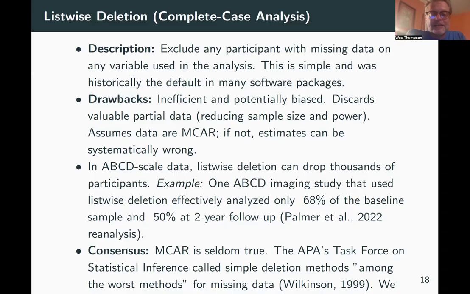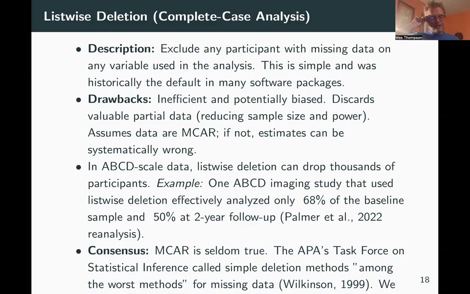In ABCD scale data, listwise deletion can drop thousands of participants. So an example is, at baseline, family income was assessed, but a lot of the participants did not answer that. And then also for different imaging variables, there are different levels of completeness across the different imaging modalities. So MCAR is seldom true.